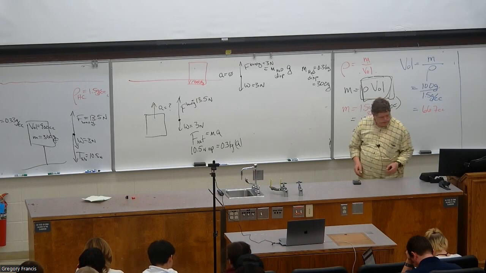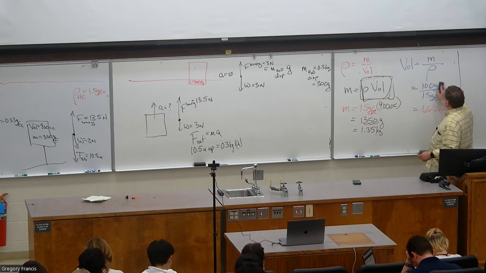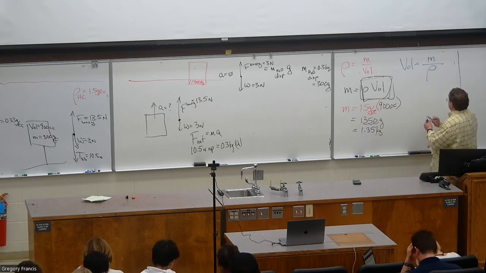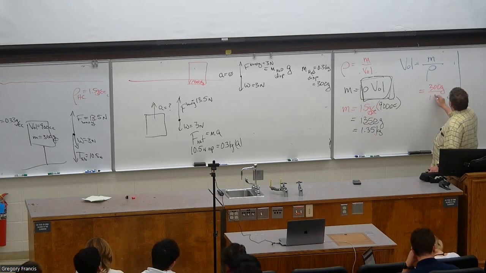Okay, so now I use this formula this way. The volume displaced is going to be the mass of 300 grams divided by the 1.5 grams per cc.